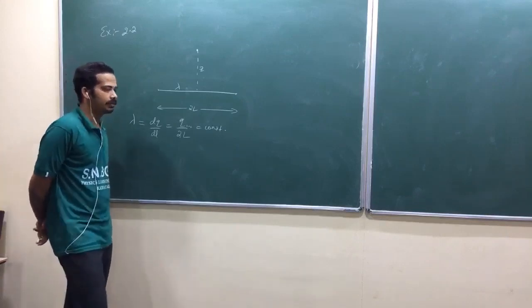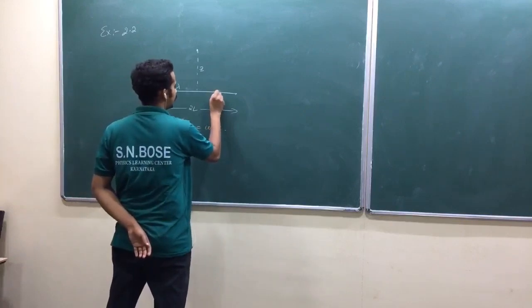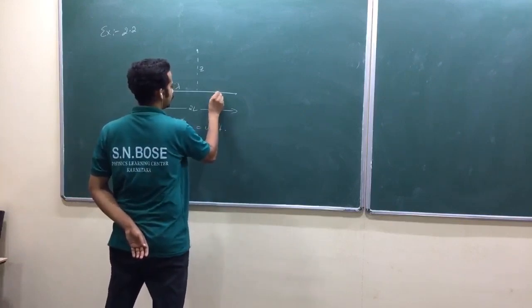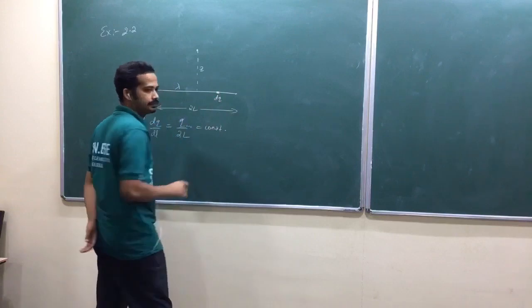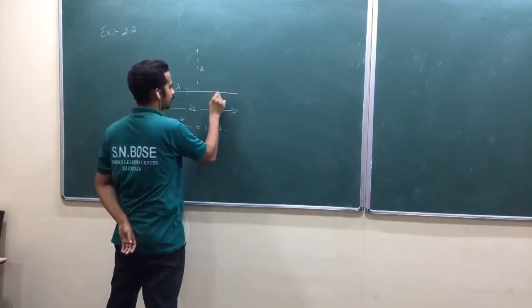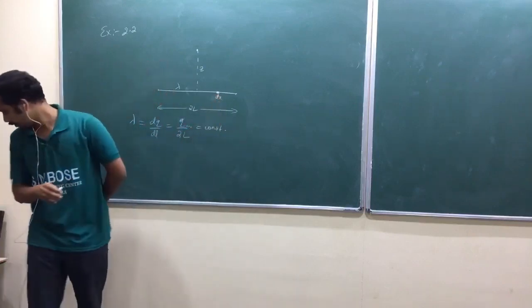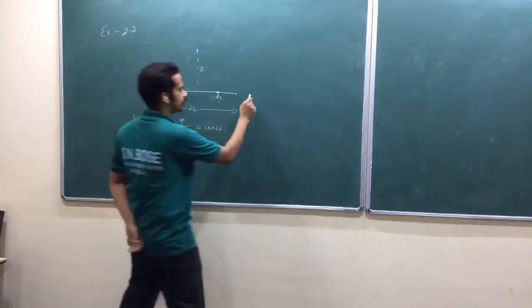Obviously, what is our idea? Whenever we have a line charge, divide that line charge into one small tiny part, which contains charge dq, and that distance is, let me call this one as dl or dx here. Okay, here I have written dl, but it is better to take x so that I can take this one as x-axis.